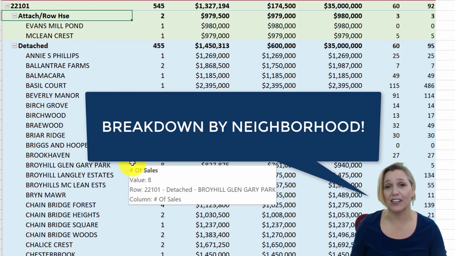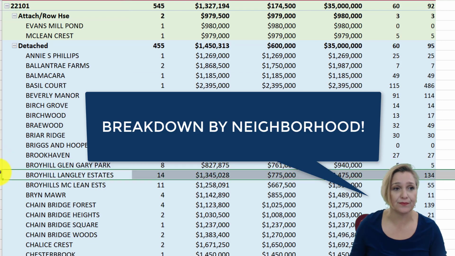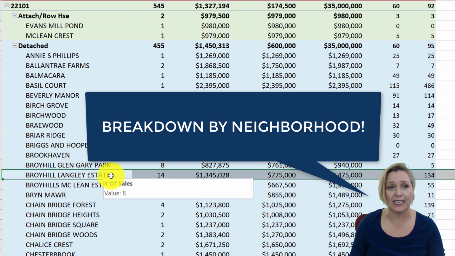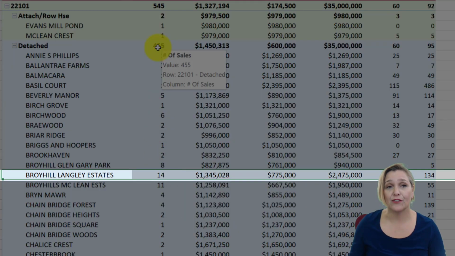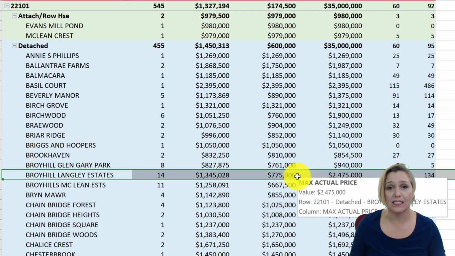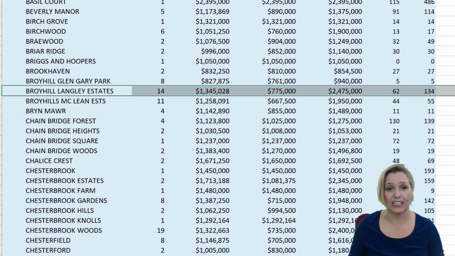If you're interested in your specific neighborhood, for example, Broyhill Langley Estates, you can see that there were 14 sales out of the 455 last year. And you can see the average price, the lowest price, the highest price, how long it took for the property to sell, and how long it was actually on the market.